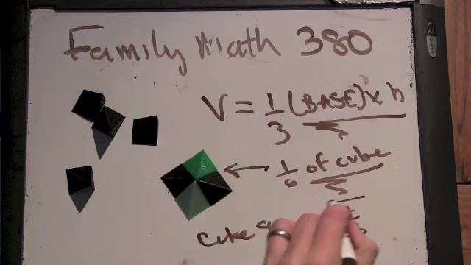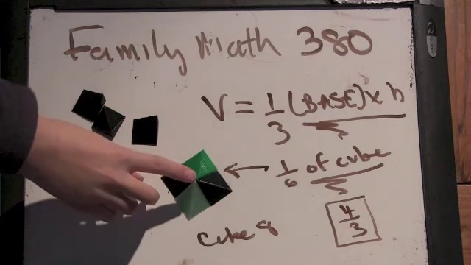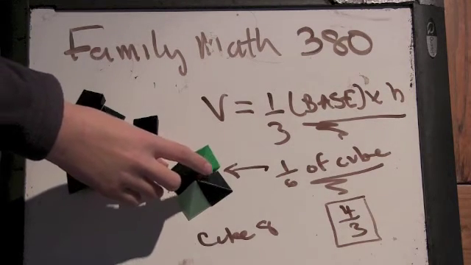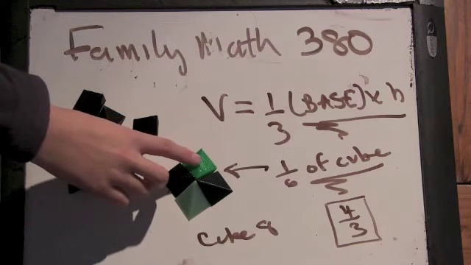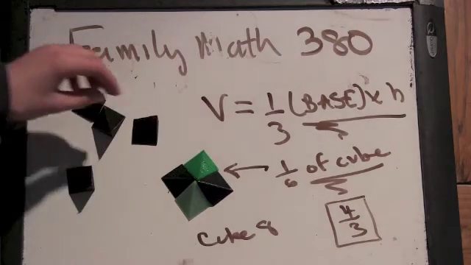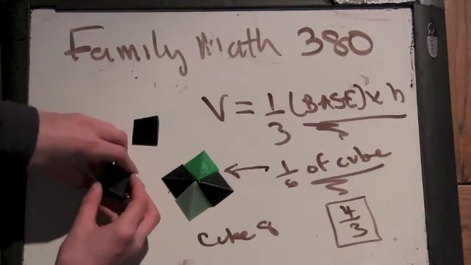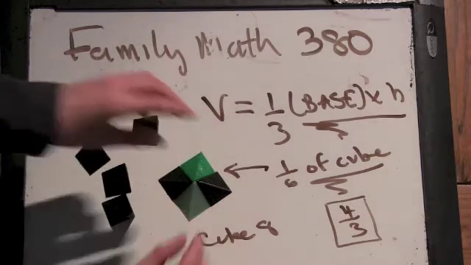So where does our 4/3 come from? Well, I think each of these little pyramids has volume 1/3 of a 1x1 cube, and then you have 4 of them, so that's 4/3.